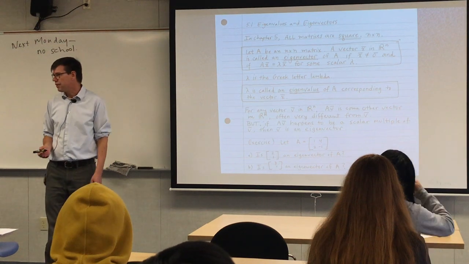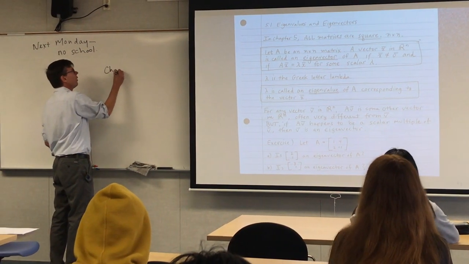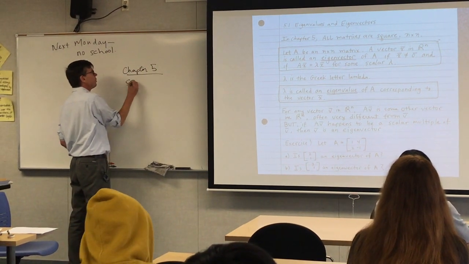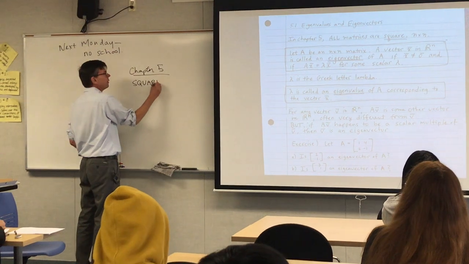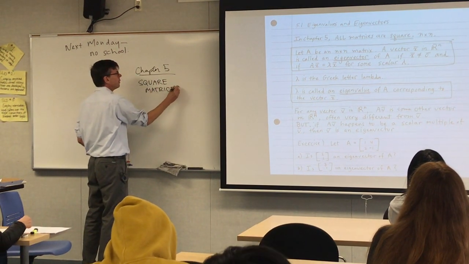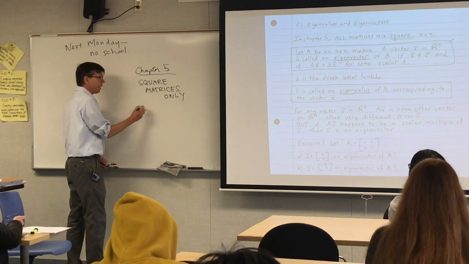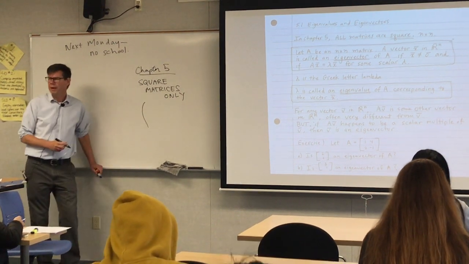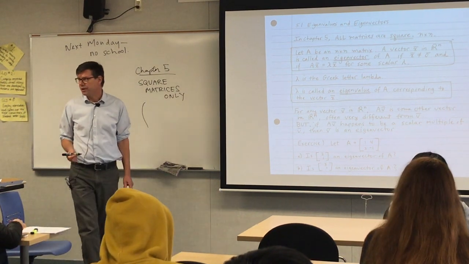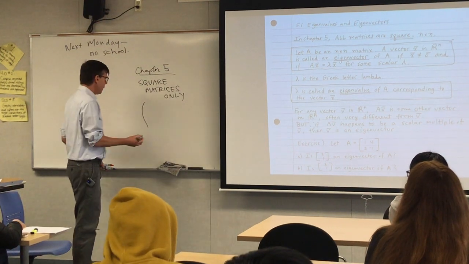All matrices are square in Chapter 5. So Chapter 5 is square matrices only. And think of what are the kinds of topics that involve only square matrices that would never be m by n?